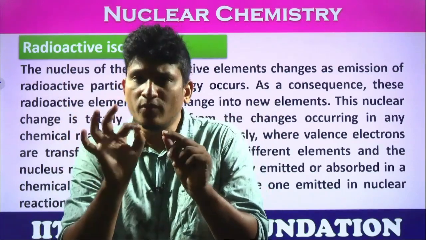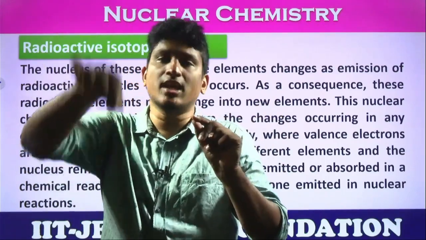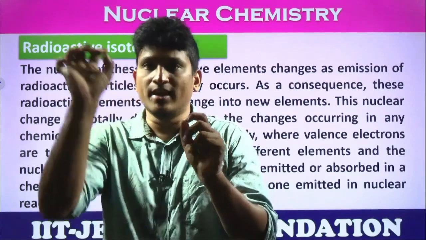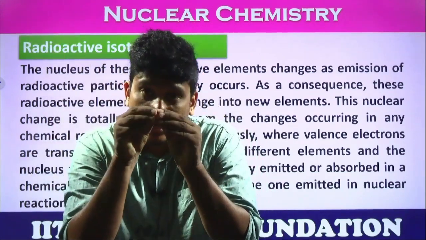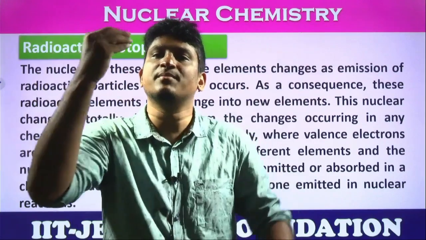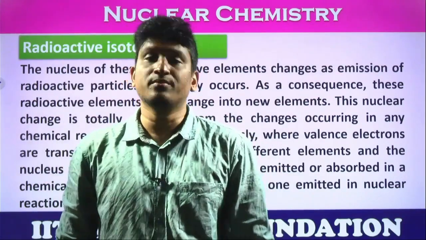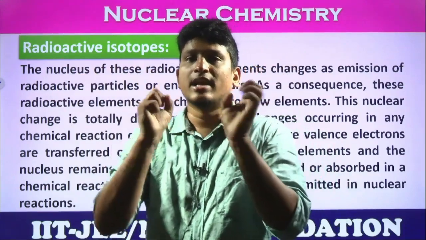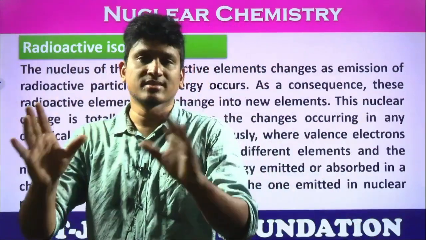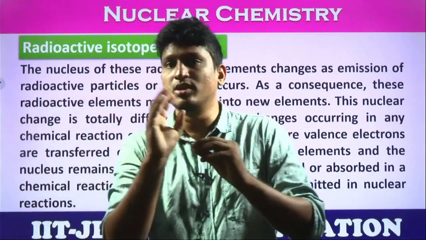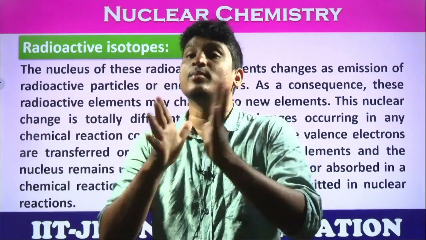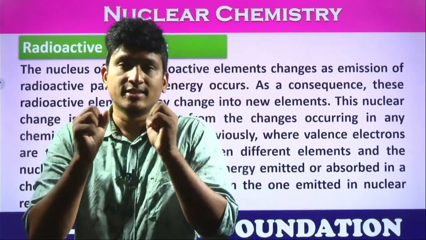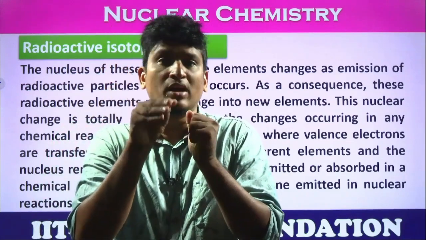Understood? To remove an electron, we need to provide high energy. To remove one electron, we are talking about the nucleus. If we disturb the nucleus, just imagine the enormous amount of energy, students. 1 kg of uranium can destroy a normal city also. If we can disturb the nucleus of 1 kg of uranium, an enormous amount of energy will be released by these subatomic particles present in the nucleus.